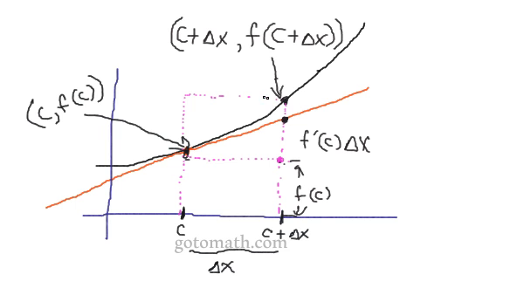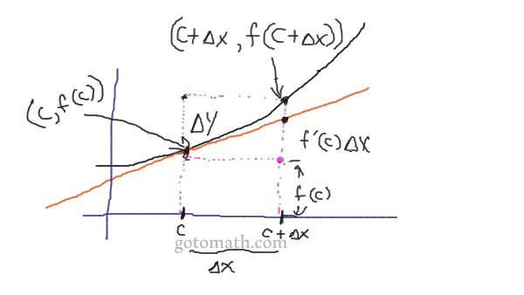Now we have this distance from here to the point where the tangent line meets the curve, and that is delta y. I'm sure you must be asking some questions. This is the confusing one here.